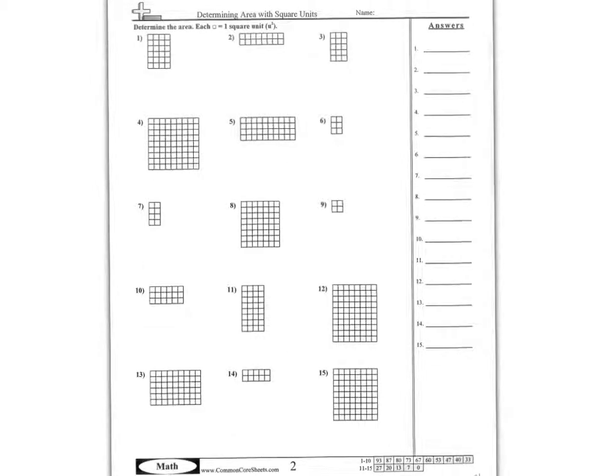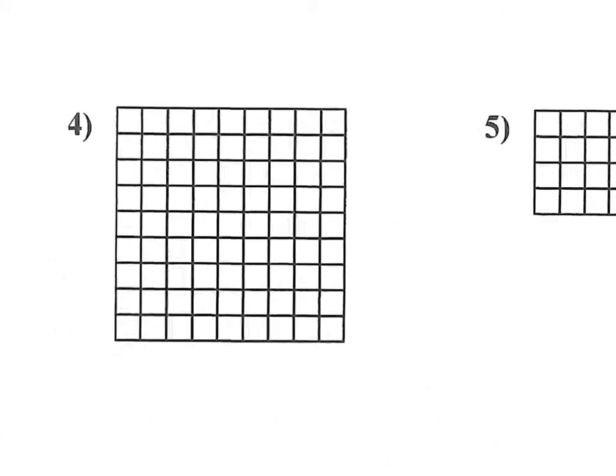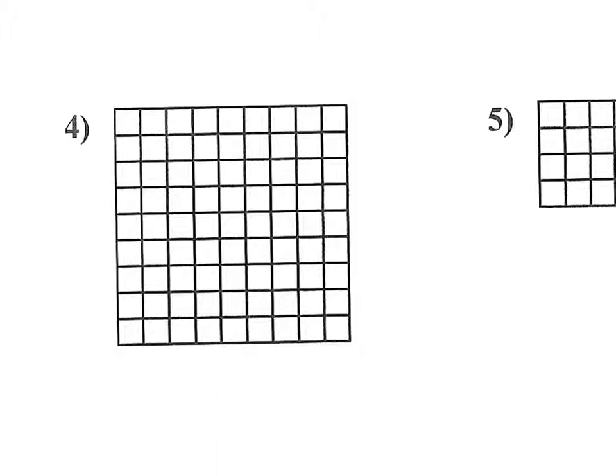Alright, so page 31, this is a perfect example of why we don't count the squares. Okay? Because if I counted all of these, I would probably forget how to count. There are too many squares here.